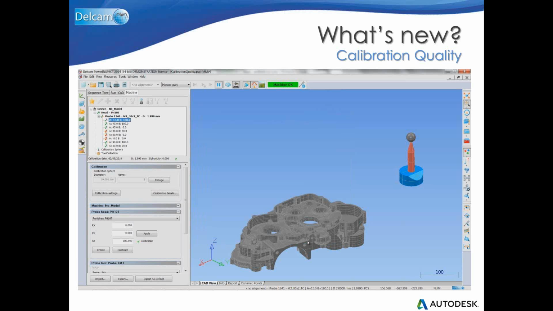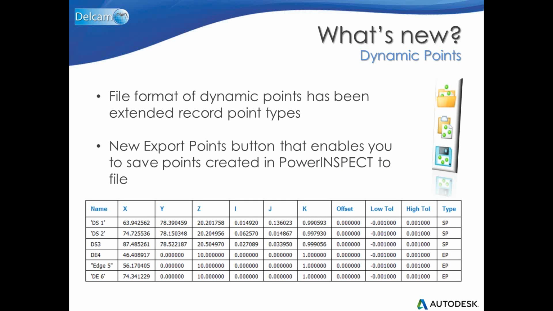Dynamic points. Previously the dynamic points editor only allowed the import of name, position, vector and tolerance data, meaning that it was not possible to distinguish manually specified edge points from surface points. In PowerINSPECT 2014, the file format of dynamic points has been extended to record point types, so it's now possible to import edge points as well as surface points.